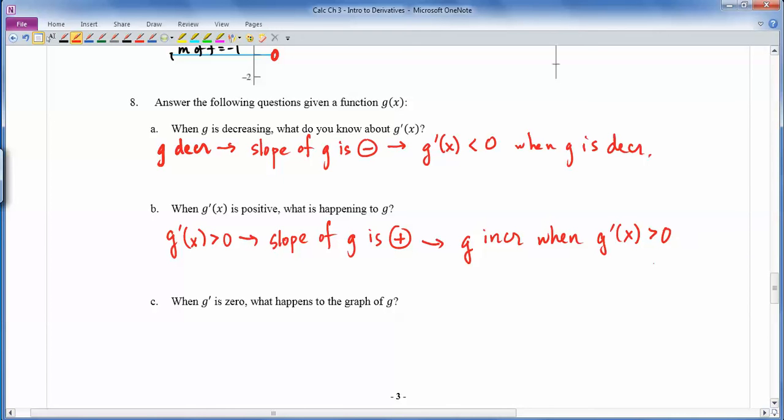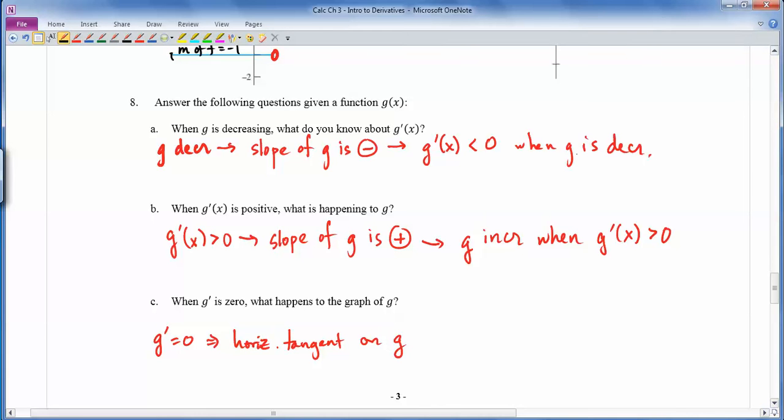Now when g prime is 0, well, that means that we've got a horizontal tangent on g. So I'm going to draw some quick sketches of these because some students sometimes get confused by this.